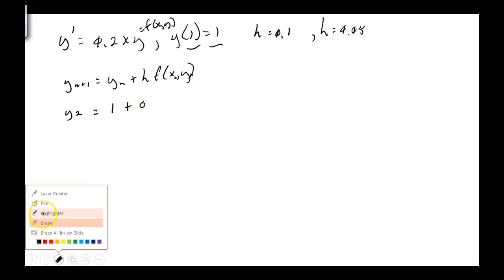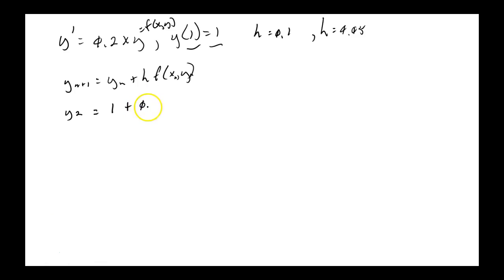So our h here first is 0.1 times f of 1, 1. So that'll be 0.2, because x equals 1, y equals 1. So what does this give us? 1.02. There's your y sub 2. Your y sub 3, and by the way, this was for x sub 1 equal 1, y sub 1 equal 1.